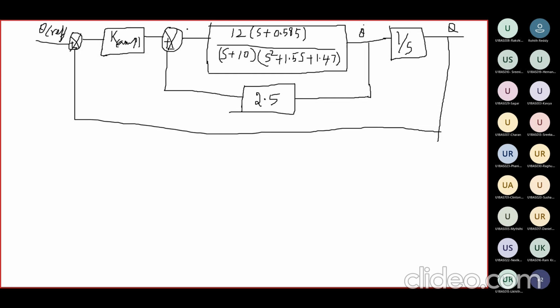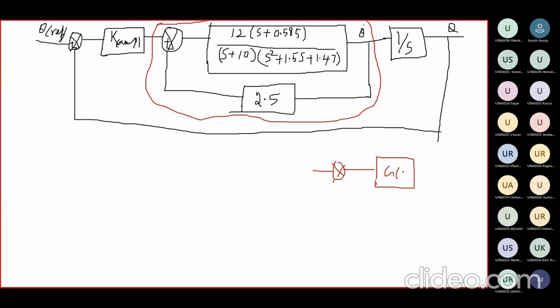Okay, now this was the inner loop. Now we reduce this inner loop. You see here the inner loop is called a negative feedback control system, because theta dot is fed back with the minus sign. If we consider this whole thing as G of s, then it is a negative feedback with plus minus sign, where H of s is your feedback here.